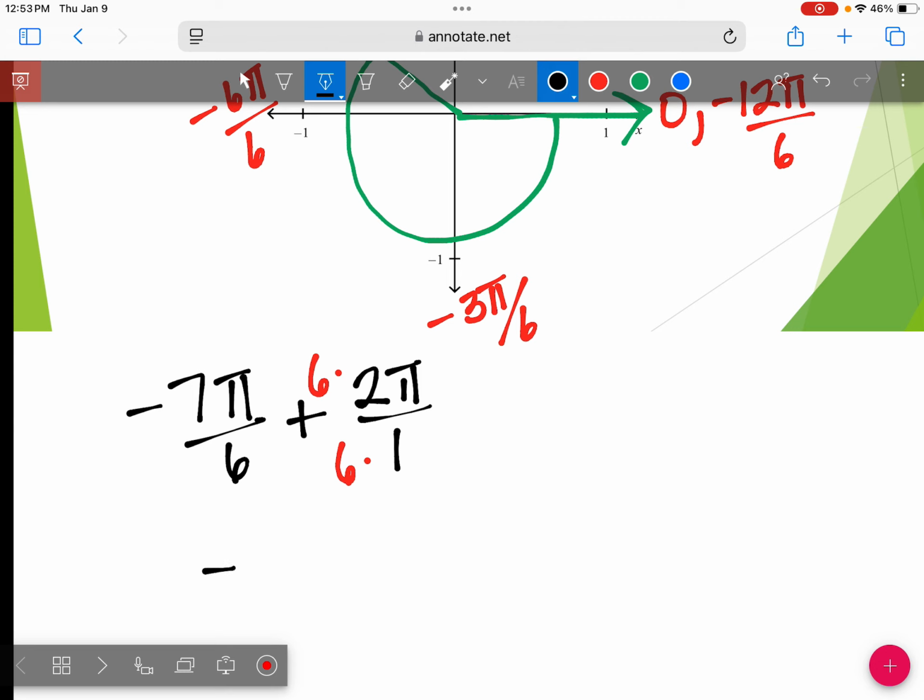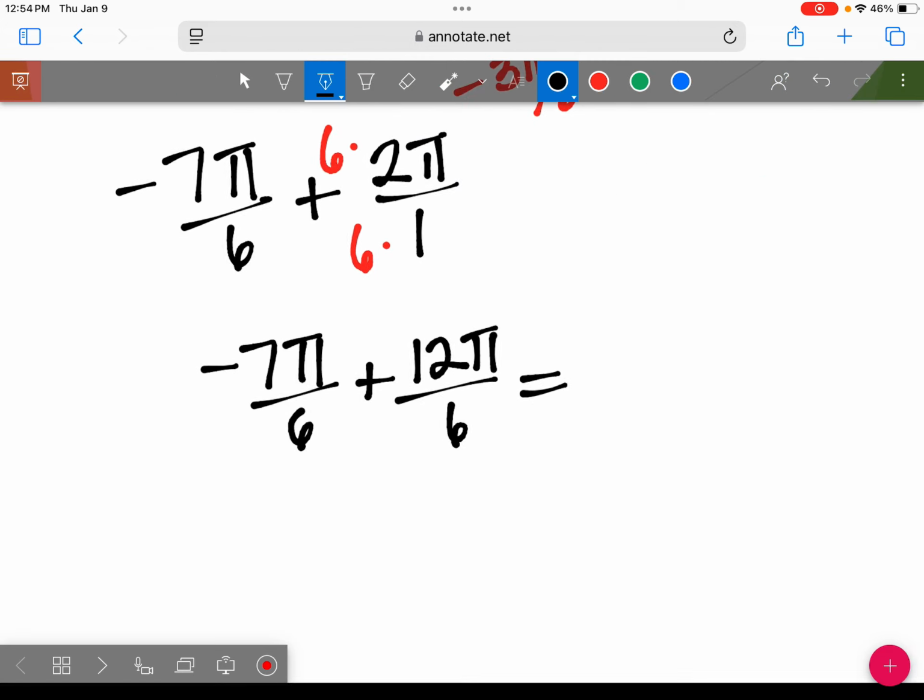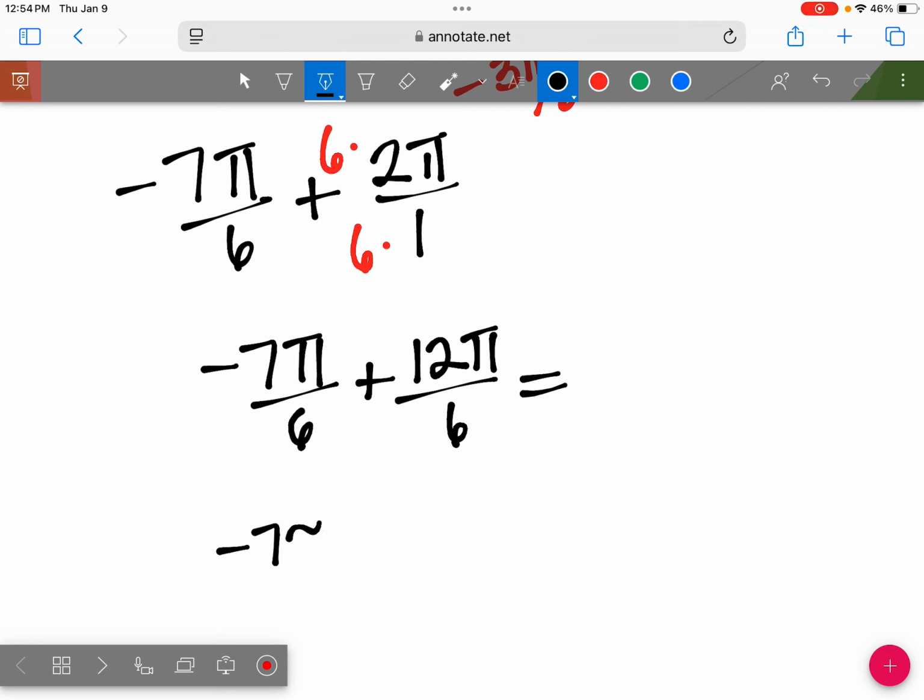So go ahead and take negative 7 pi over 6 plus 12 pi over 6. And then do negative 7 pi over 6 minus 12 pi over 6. See what you get.